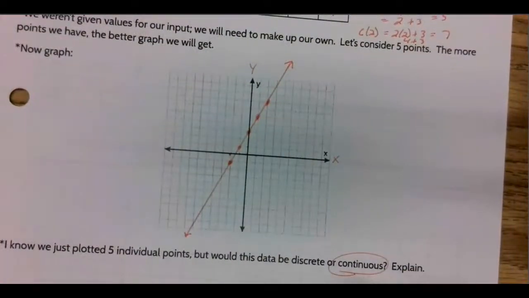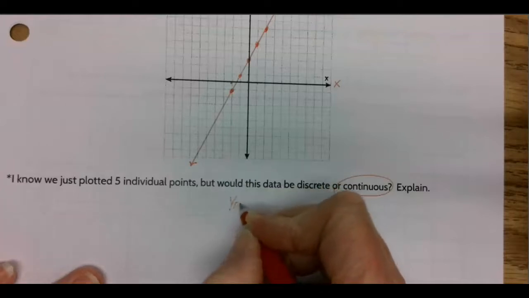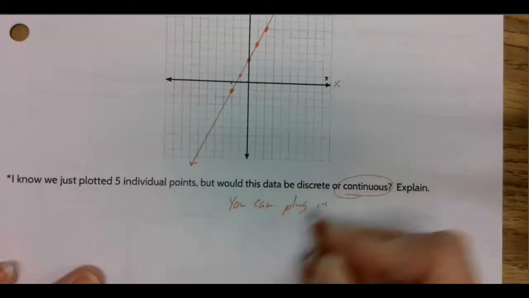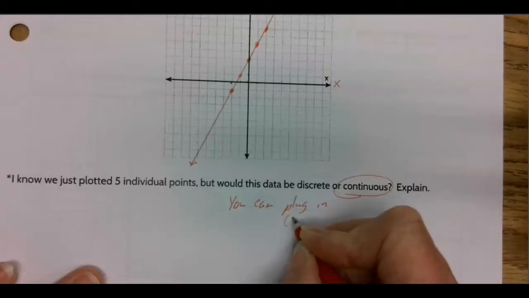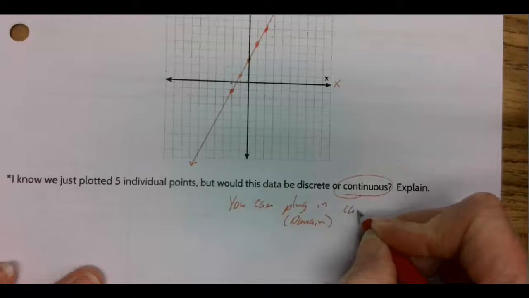It's continuous because the line continues. Here are 2 ways to think of it. One, the very basic, is that your domain can be fractions, decimals, whatever you can plug in.